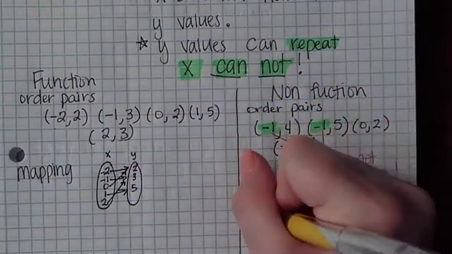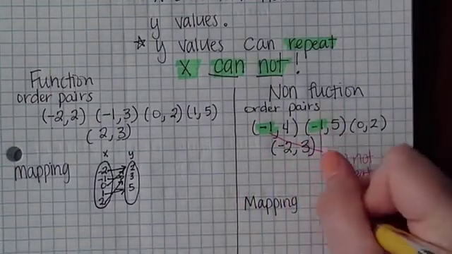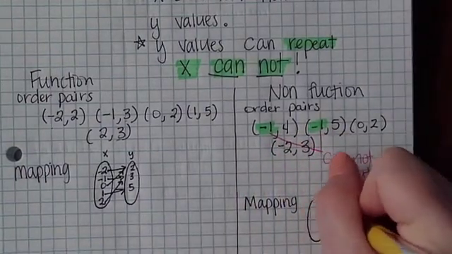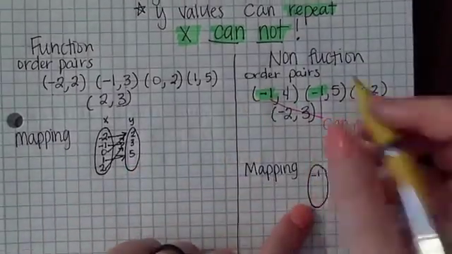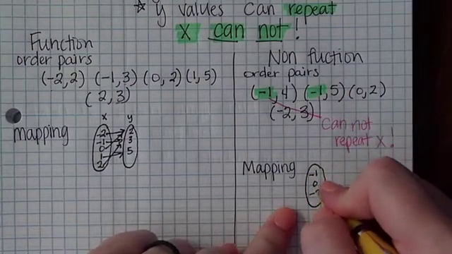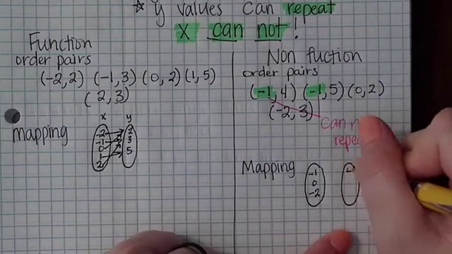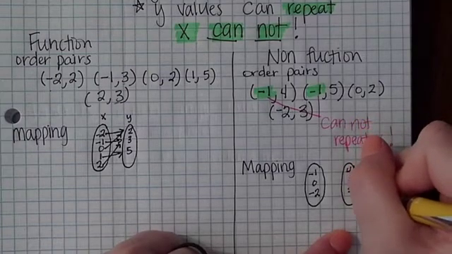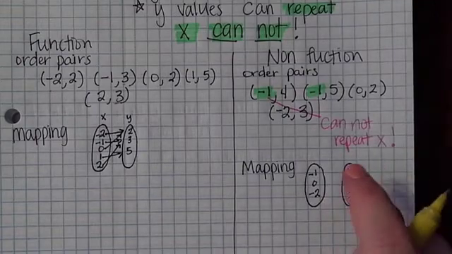Watch the one for the non-example. We're going to use these values from up here. So I'm going to do -1, -1, I don't rewrite it, 0, and -2. Then I'm going to do 4, 5, 2, 3. And the order doesn't matter in mapping, just so you know.